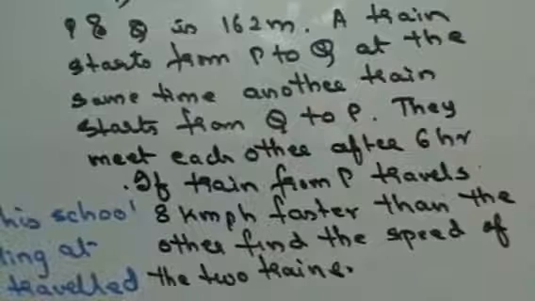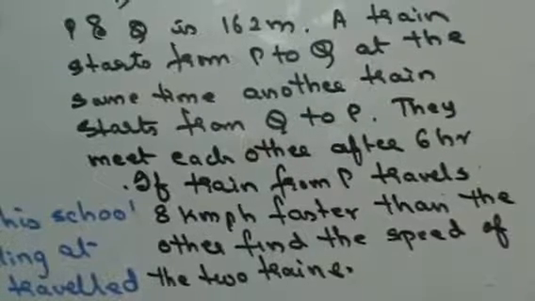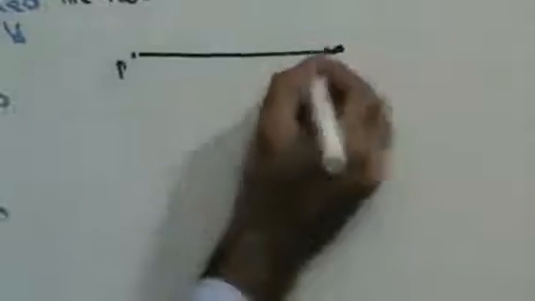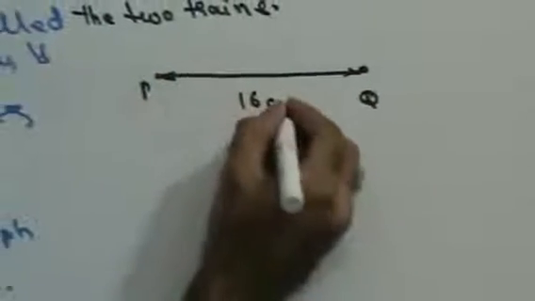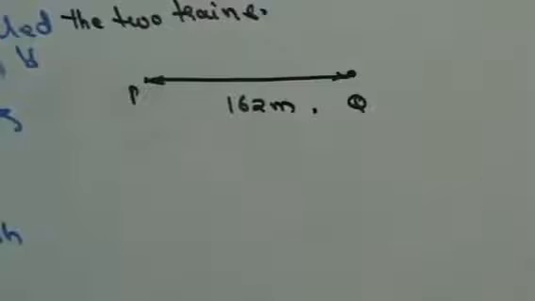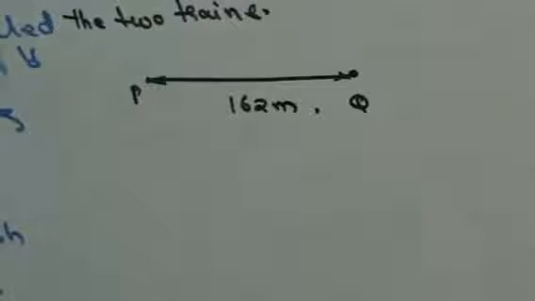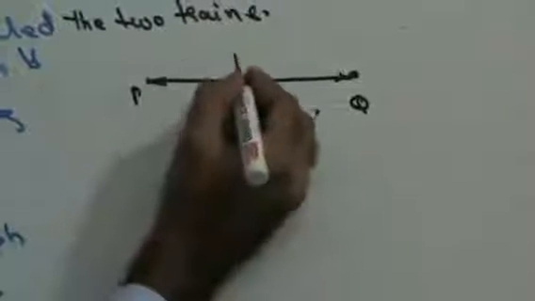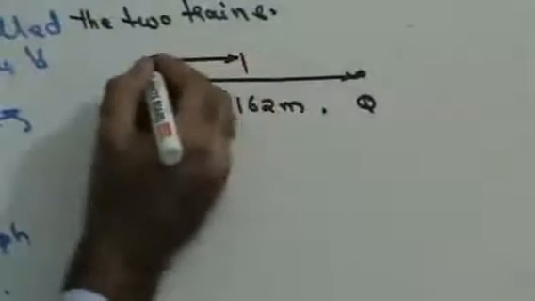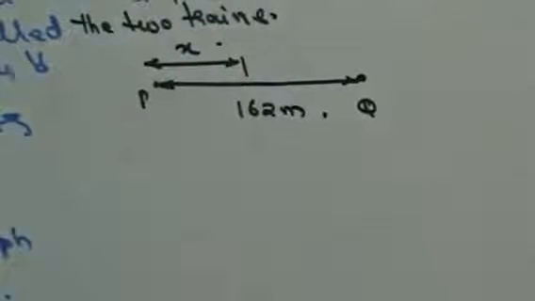Now, you have 2 points P and Q. The distance between them is given to you as 162 kilometers. Right? Let us assume that the train from P covers a distance of x kilometers when they meet.